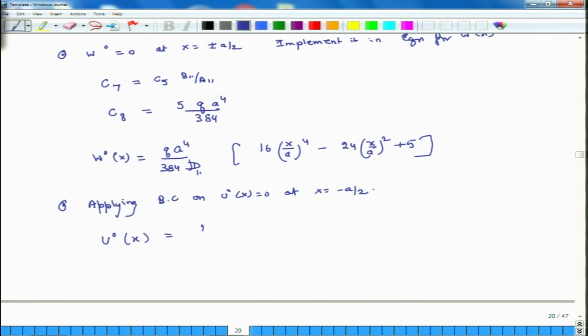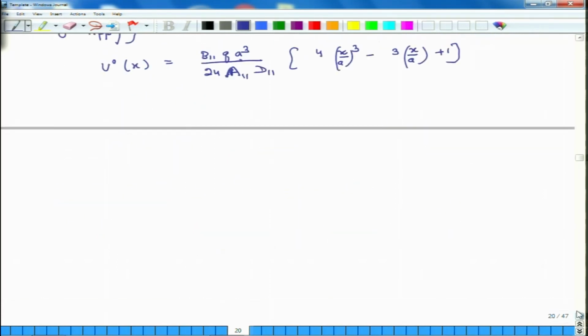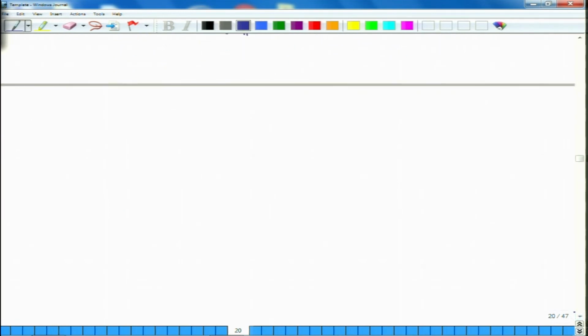This is equal to B11 Q A cube divided by 24 A11 times D11 into 4 x by A cube minus 3 x by A plus 1. So, we will compile the results.